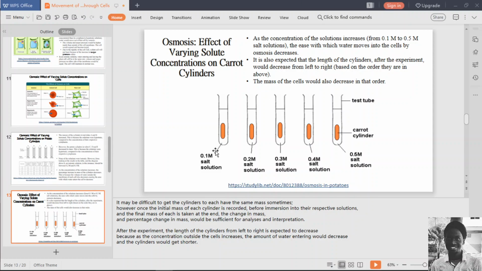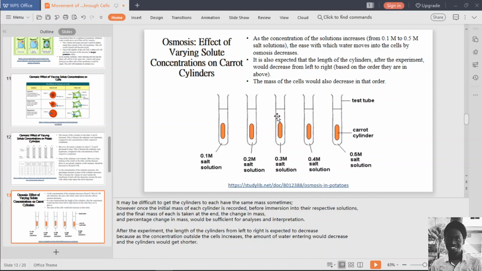And I'm saying from least concentrated to most concentrated because it doesn't always have to be arranged in that order. So for instance, it could have been 0.5 molar, 0.4, 0.3, 0.2, 0.1. It doesn't matter how you arrange the test tubes; once they are in ascending order, the likelihood of water entering the cell would decrease.